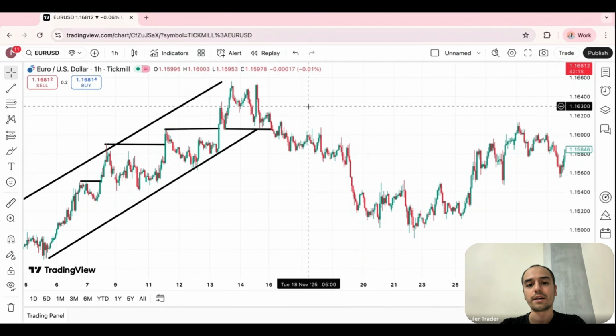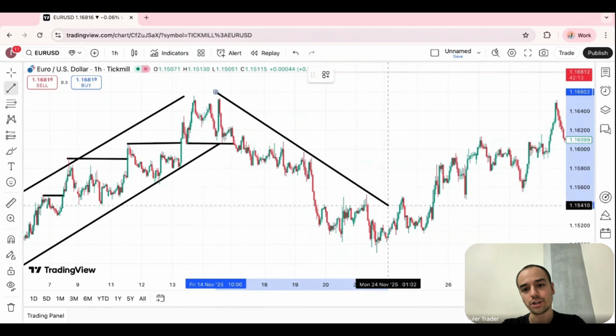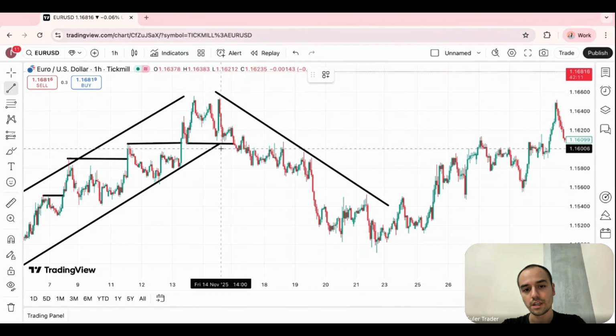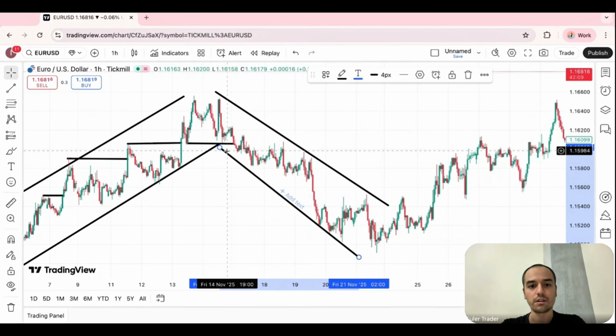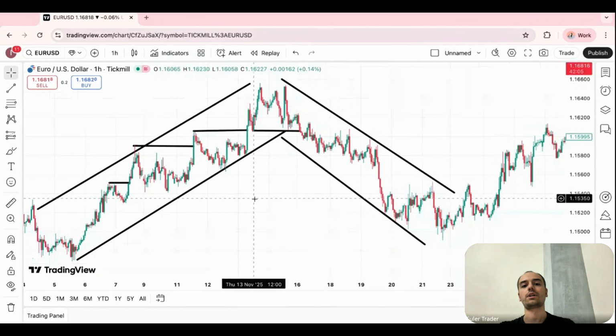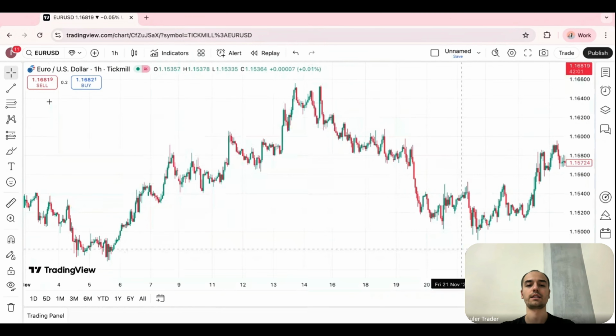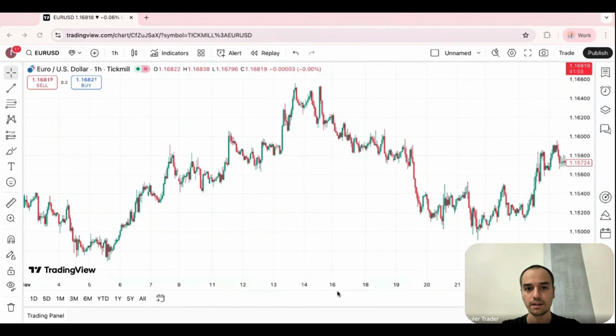But essentially, here we can see a clear break of structure and the reverse in the channel, going to downtrend.